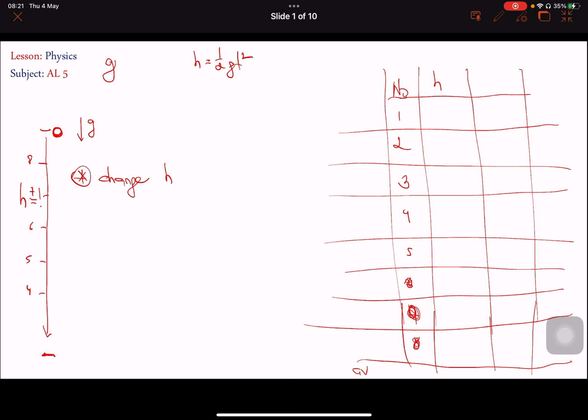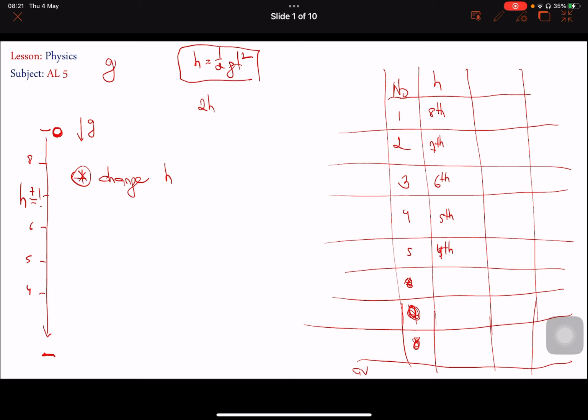Now, if you change the altitude, for example, you first drop it from the 8th floor, then from the 7th floor, the 6th floor, the 5th floor, and then the fourth floor. Of course, you have different times. How can you measure the time? From this formula, we may obtain the time, which will be equal to the square root of 2h over g.